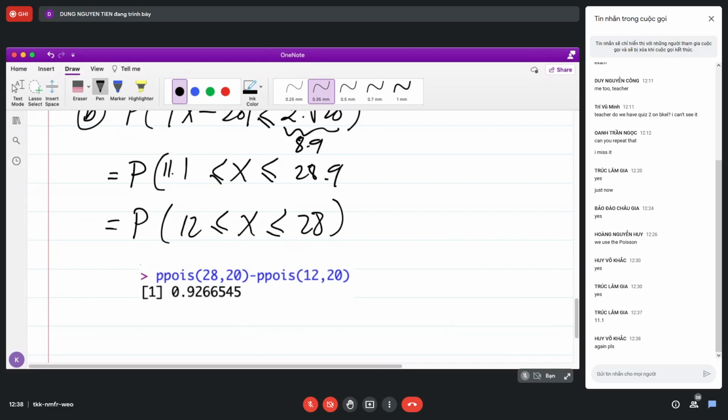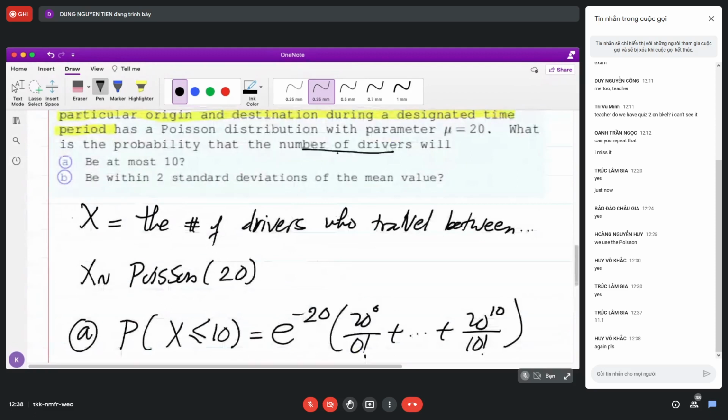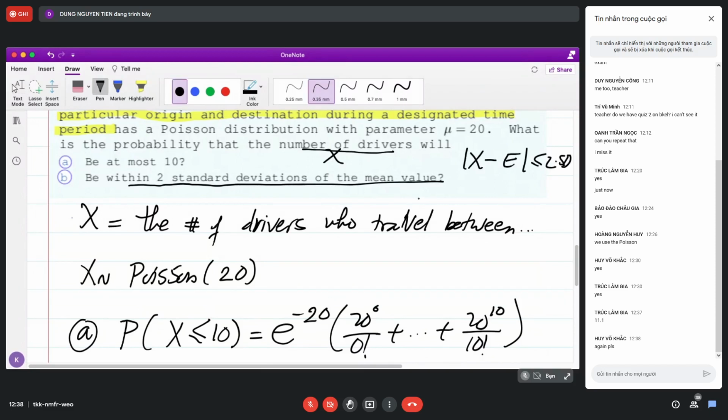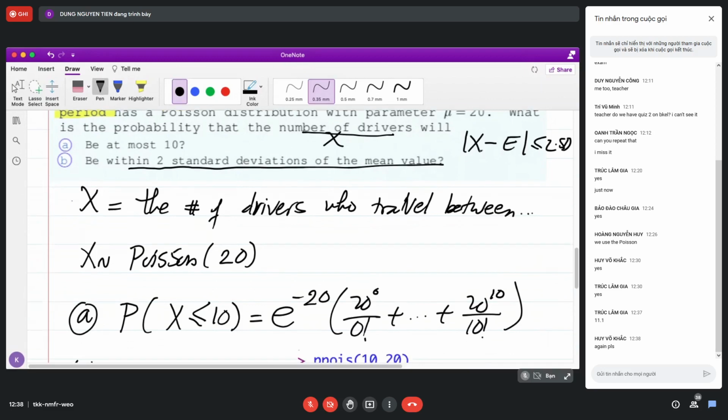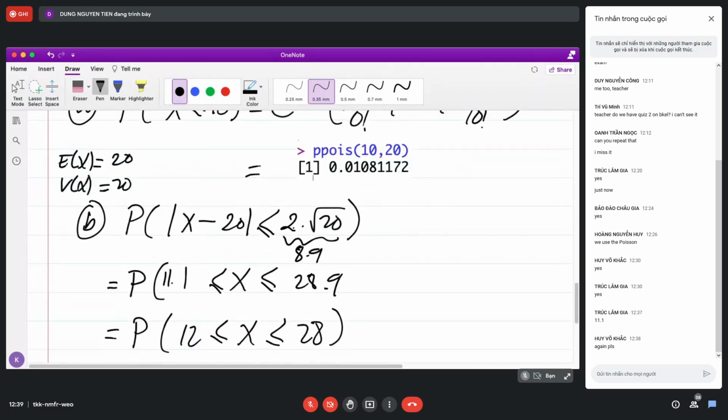Again? Sure, you want to find the probability that the number of drivers, which is x, will be within 2 standard deviations of the mean value, which means that x minus the mean should be less than 2 times the standard deviation. So I want to find the probability that the observed value of x minus the mean 20 is less than 2 times the standard deviation.